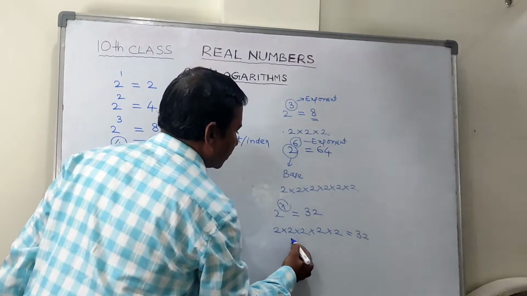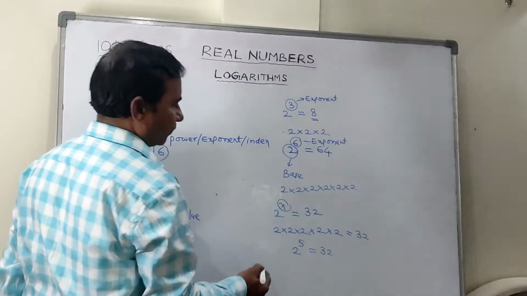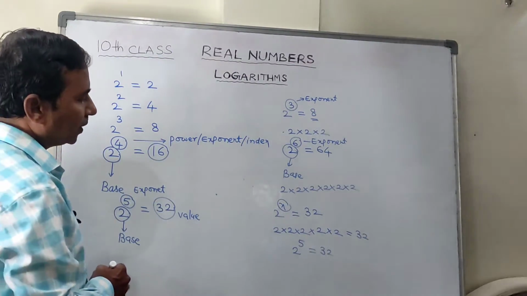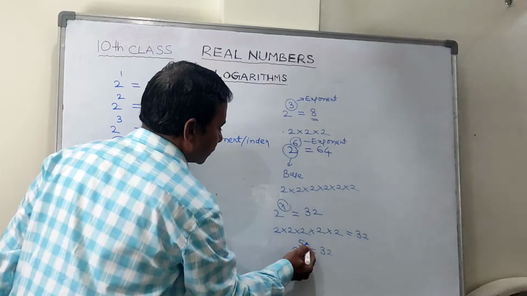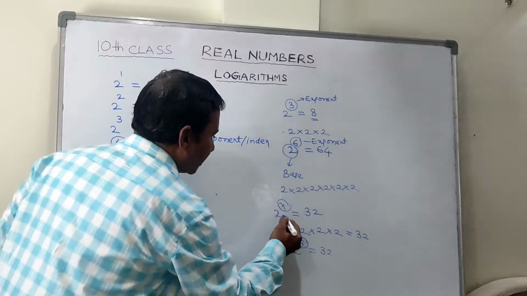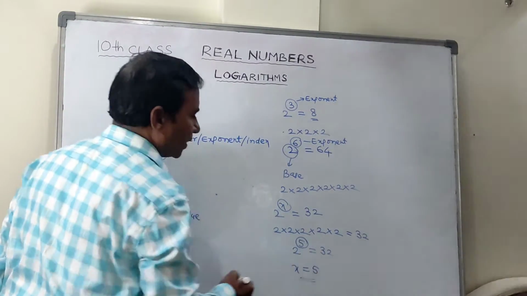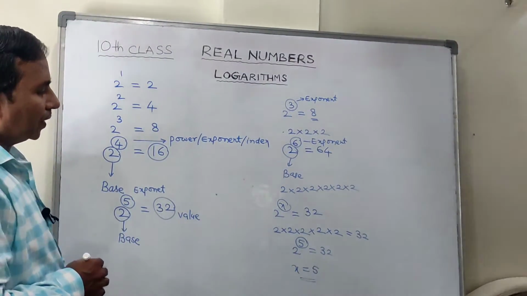So 2 power 5 gives 32. 2 is multiplied 5 times to get 32. So, this 5 is the exponent here, which means x equals 5.